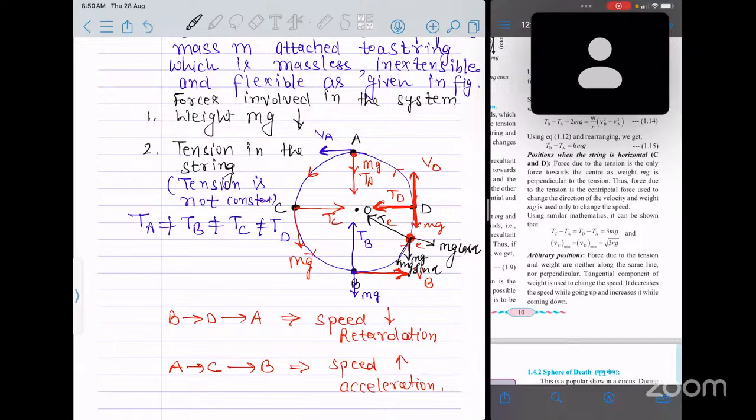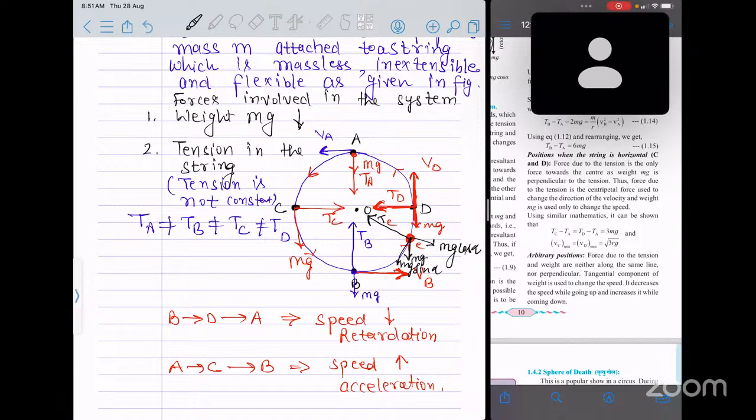So how will you calculate velocity at point C or tension at point C? Again, we can use the work energy theorem. If you want to find the velocity at point C if the object is coming from point A, let us consider that C is at ground level and then apply the work energy theorem.